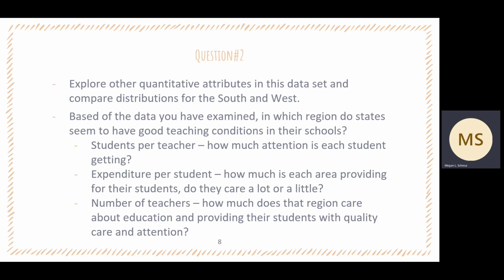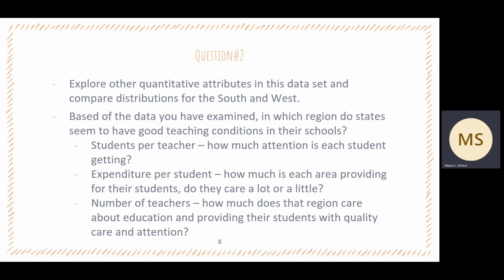For question 2, explore other quantitative attributes in this data set and compare distributions for the South and the West. So based on the data you have examined, in which region do states seem to have good teaching conditions in their schools? So some things that I decided to look at were students per teacher. So how much attention is each student getting?